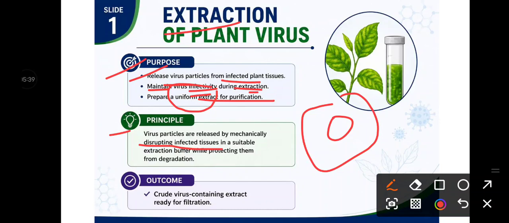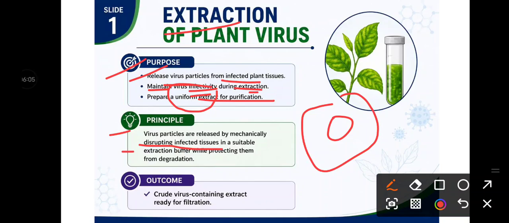So the principle behind this is, we will mechanically disrupt the infected tissue. We will crush the infected cell as well as tissue, so that the virus particles multiplying inside that infected tissue will be released outside, and it should be done in a proper condition, proper environmental as well as chemical.